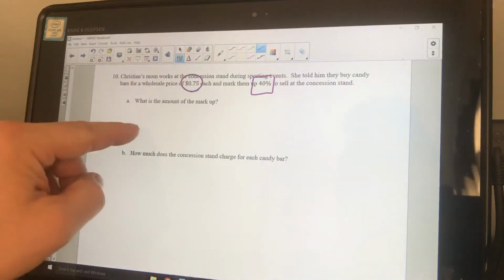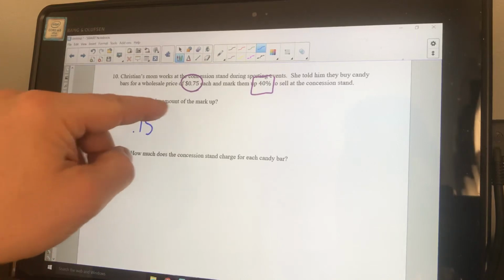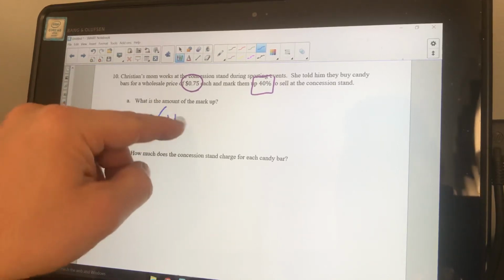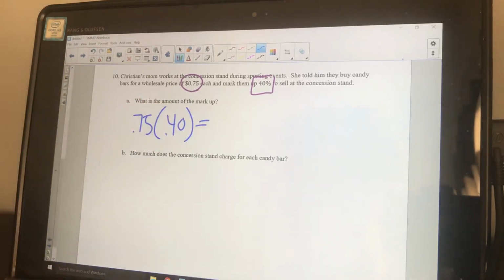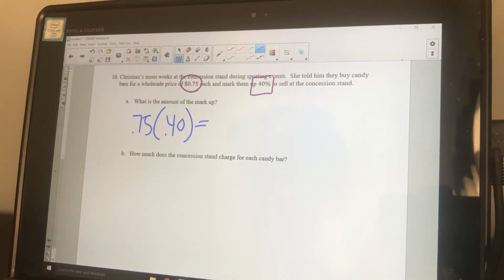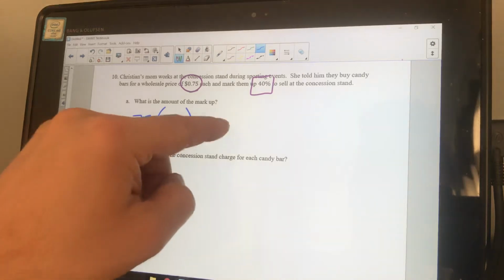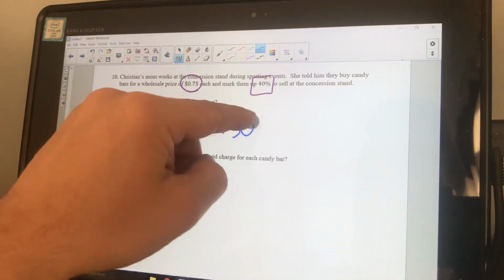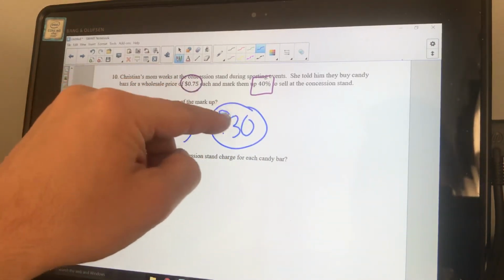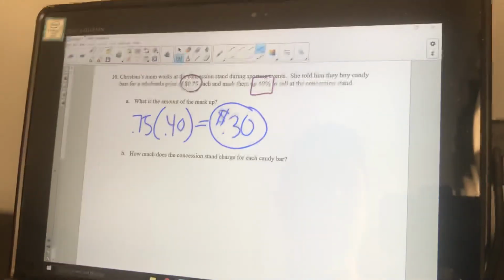Okay, so that's pretty straightforward. 0.75 for 75 cents and 40%. Okay, 0.75 times 40% is 0.30, which means they mark it up 30 cents total.